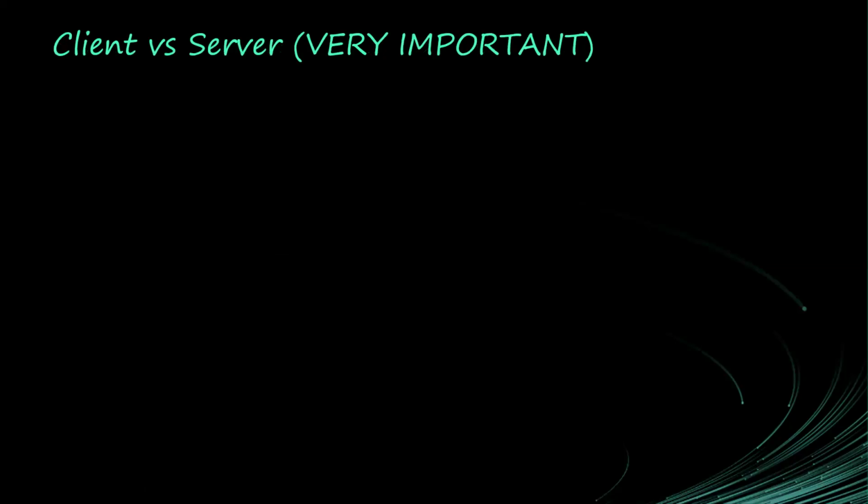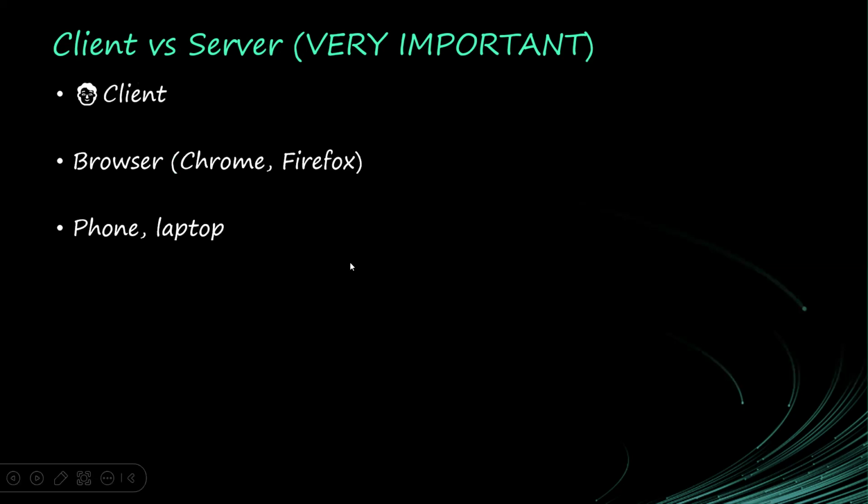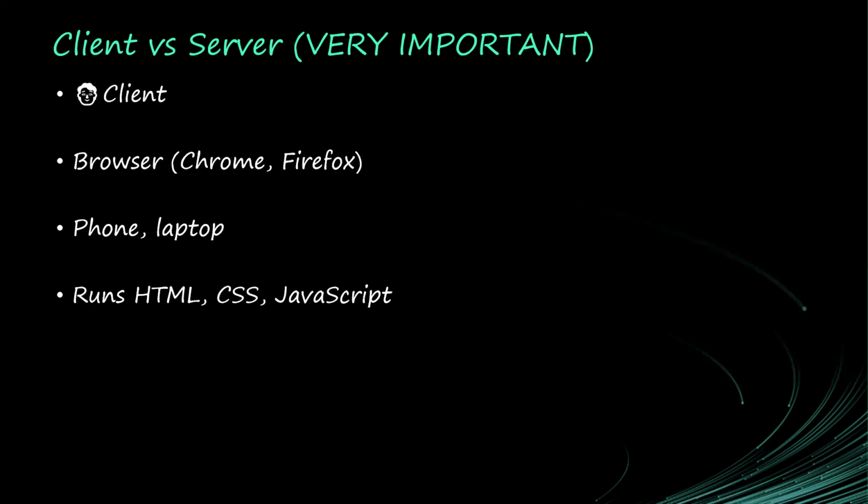So client versus server, you need to understand this. The browser is the client, while the server is the server. A client is the browser, your phone, your laptop. The clients run HTML, CSS, and JavaScript. The client side is the front end, what the users are seeing and using to interact with the server.